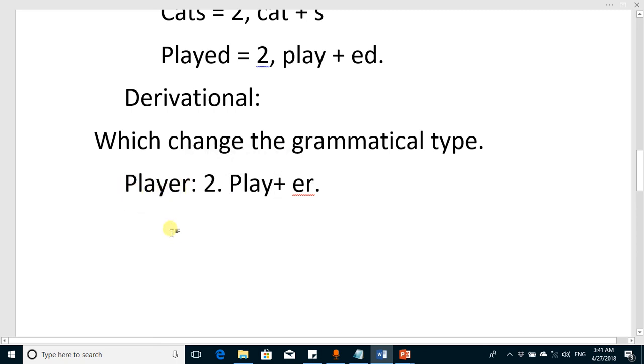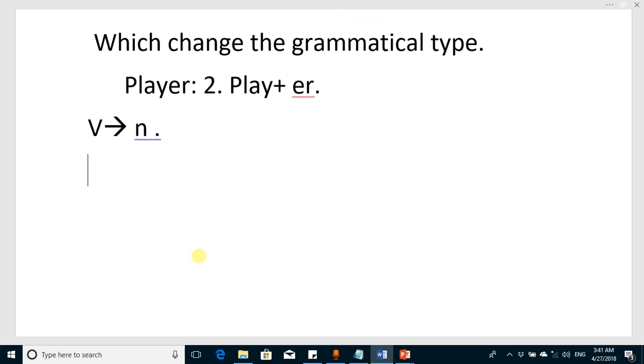So it changed a verb into a noun, so it is a derivational morpheme. Similarly, you can see other examples where the word changes its type; the morpheme is called a derivational morpheme.